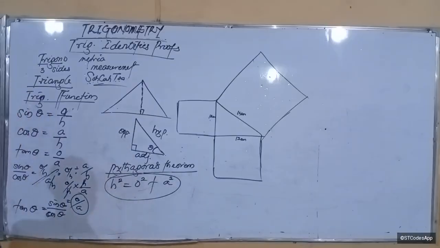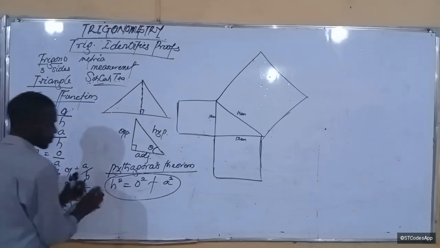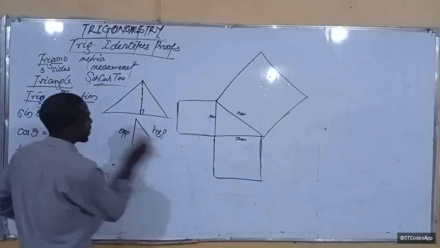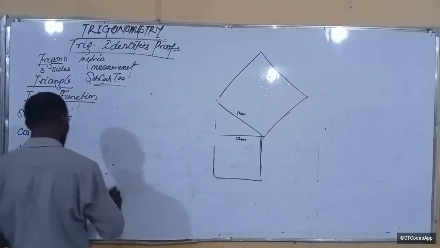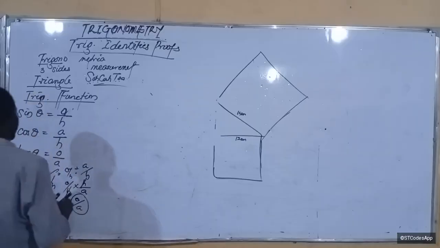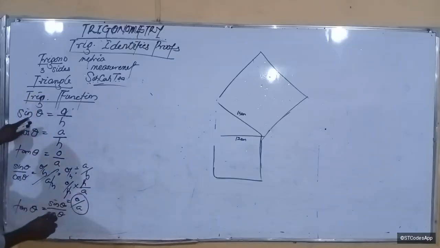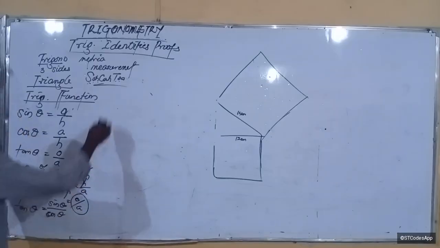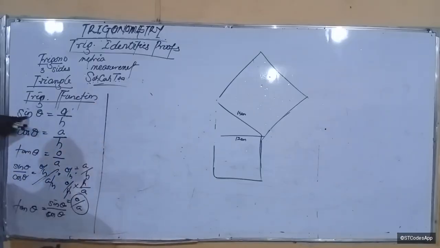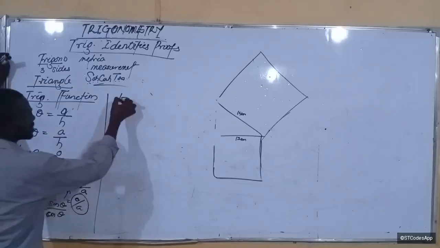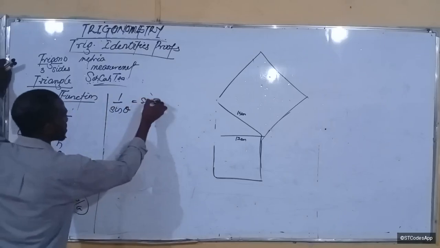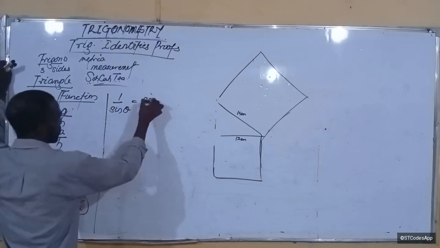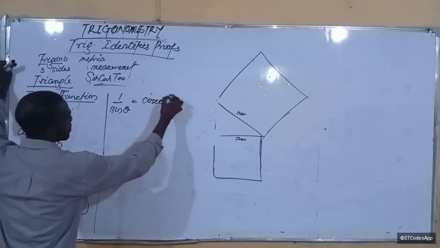Now, another thing is that we now have some other special functions. Okay, so I'm going to clean this and write it later. Some other special functions that you have to know include the following. If we take the inverse of this, that is, 1 over sine theta, that one is called the cosecant of an angle.